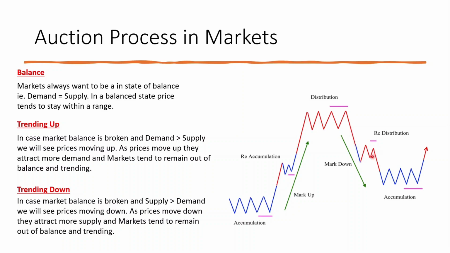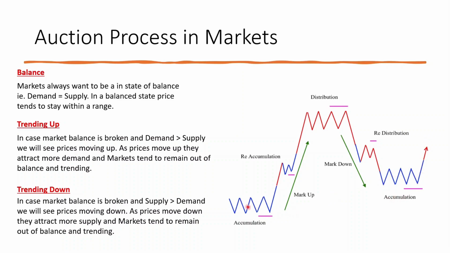Over here it finds this temporary space where it finds balance, that means supply is equal to demand, but because of this price move, more people are willing to sell, and the imbalance continues till price forms balance again. That means now supply is equal to demand, and we can term this as accumulation because after this stage prices moved up.